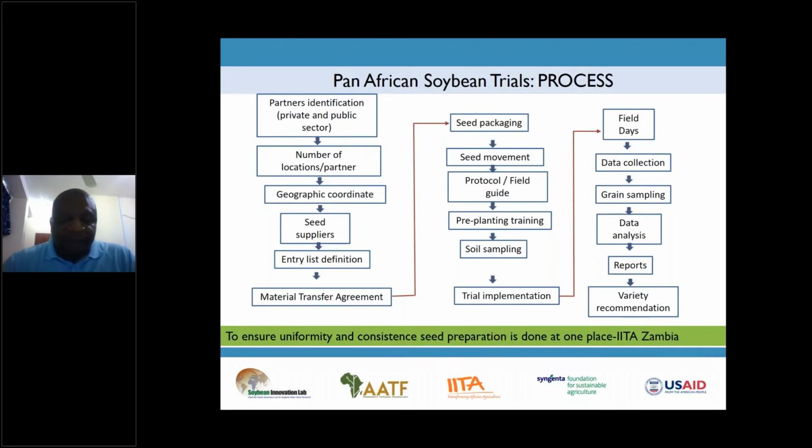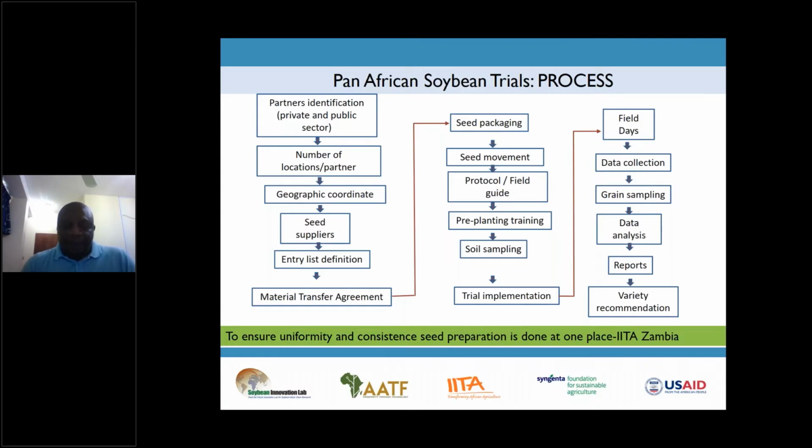The Pan-African variety trial process starts with the identification of partners, private and public sector. Then we identify the number of locations where we want to test the trials, and we get the geographic coordinates of those locations. We also identify the seed suppliers, whom I've already mentioned, and we define the end release.